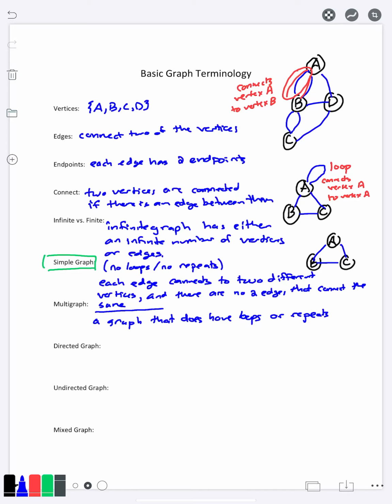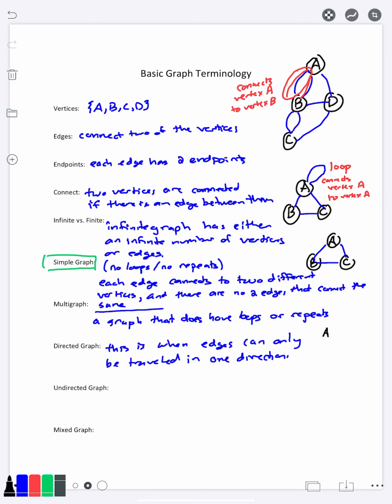These last three here: a directed graph is when edges can only be traveled in one direction. You may have seen in some big cities they have one-way streets.